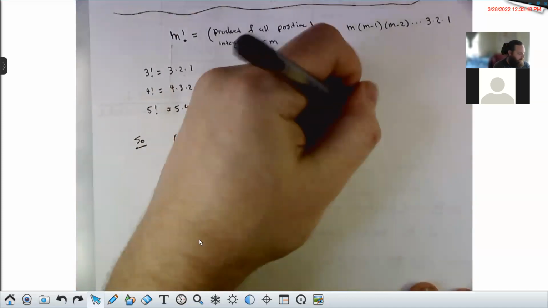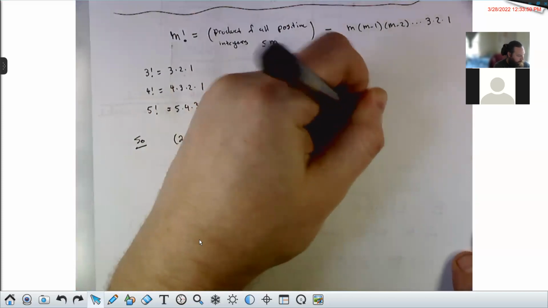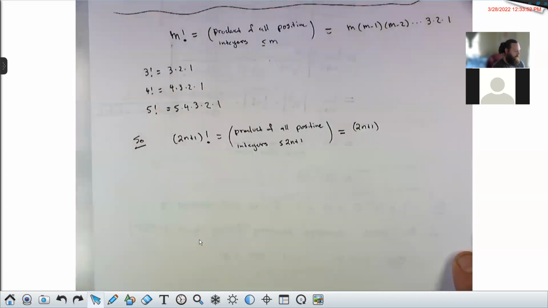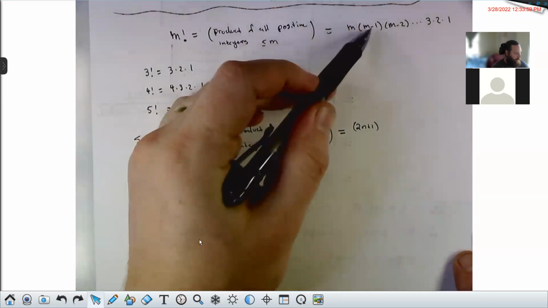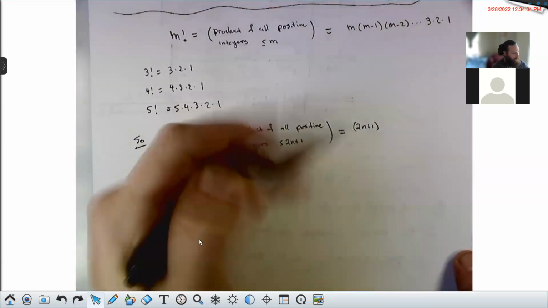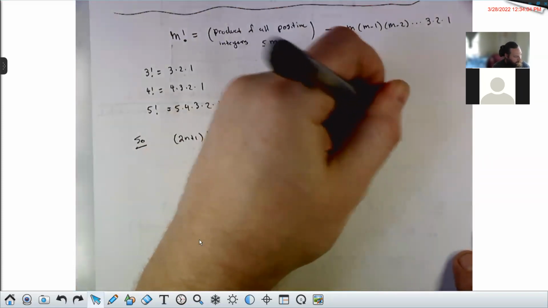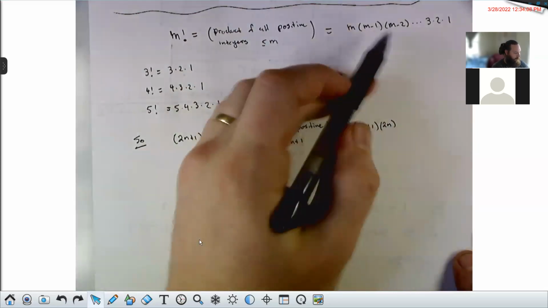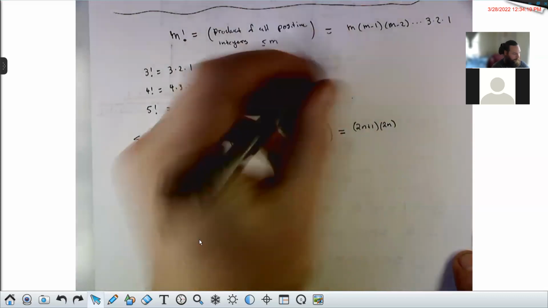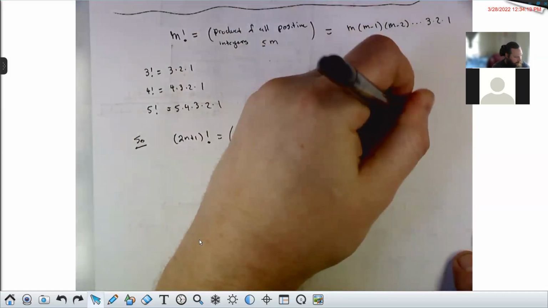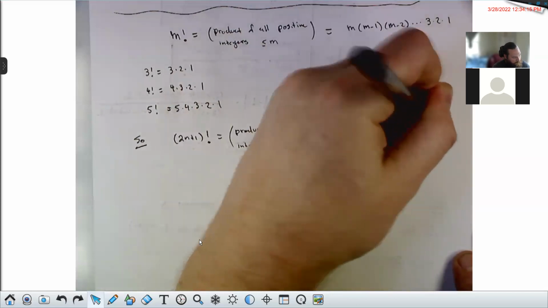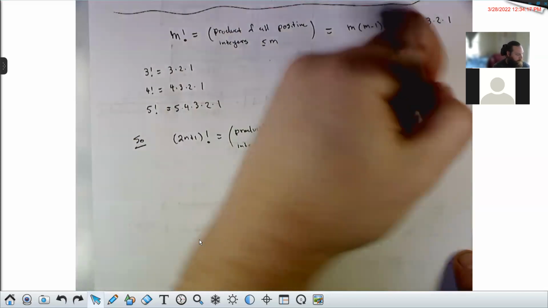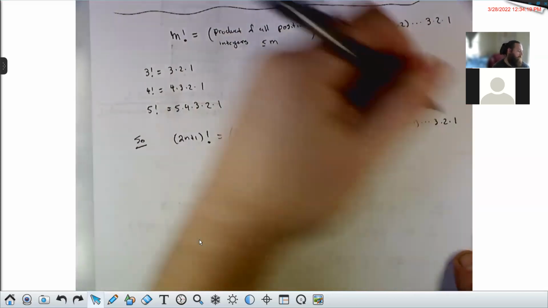The first positive integer less than or equal to 2n plus 1 is 2n plus 1. The next one is the first number beneath that. So just like this, subtract 1. Well, if you subtract 1 from 2n plus 1, you get 2n. And then you subtract 1 from that. So that would be 2n minus 1. And we go all the way down until we get to 1. So the last few terms are 3 times 2 times 1.